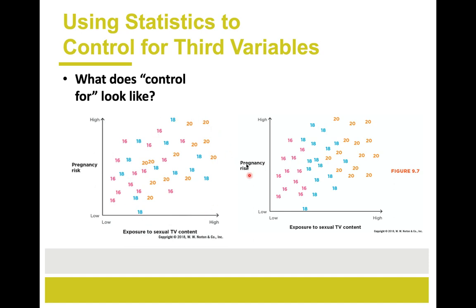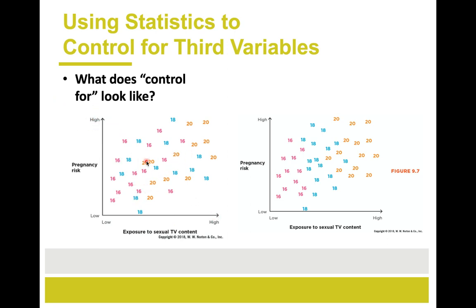So by adding the third variable age, we actually get a little bit stronger in our claim about internal validity, because we can say, regardless of age, controlling for age, the pattern remains the same. 16-year-olds are the same as 18-year-olds, are the same as 20-year-olds. So it doesn't matter what your age is. The higher your exposure to sexual content on TV, the higher your risk of pregnancy.